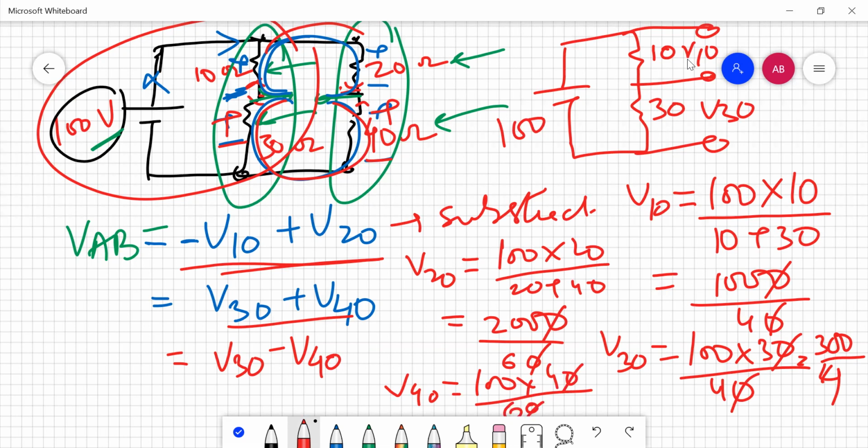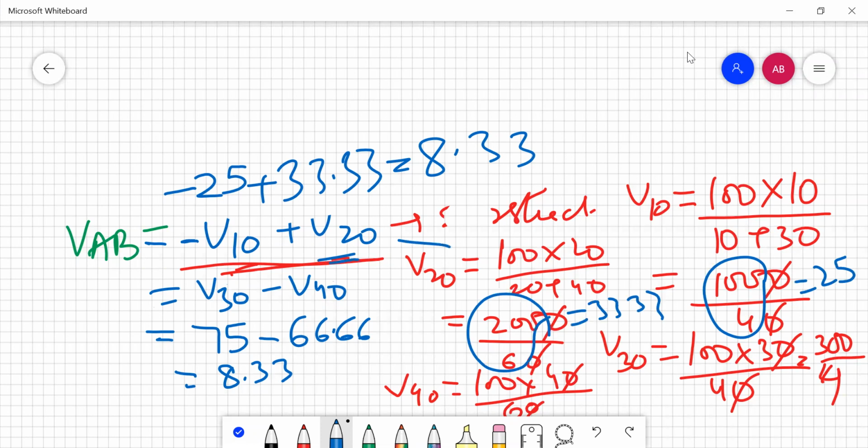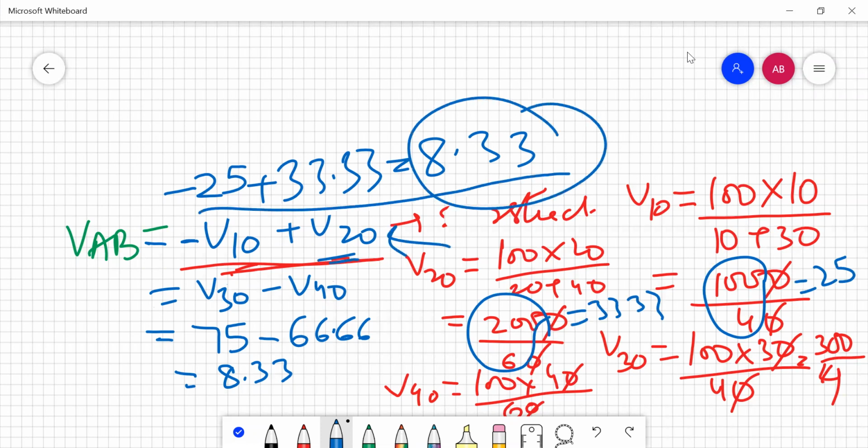So now we will be putting the values here and calculating. Calculating the value of 100 by 4 gives us 25, and V20, 200 by 6, provides us the value of 33.33. Putting the values in this equation, the VAB comes out to be 8.33 volts.